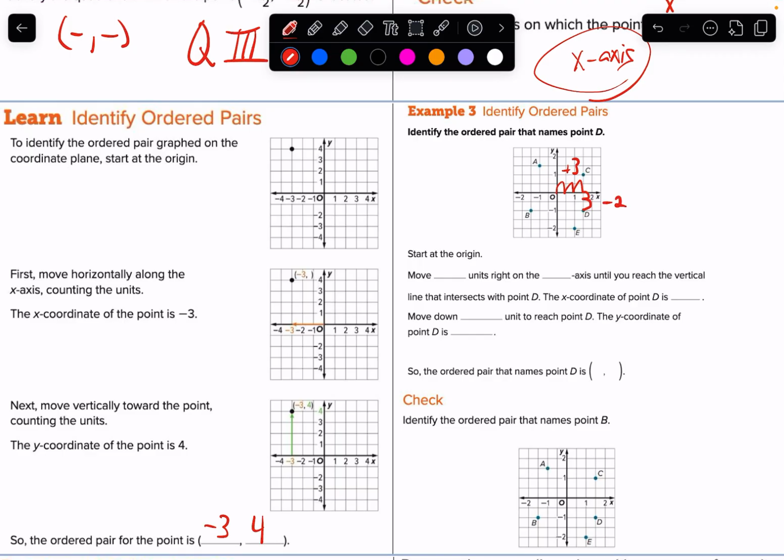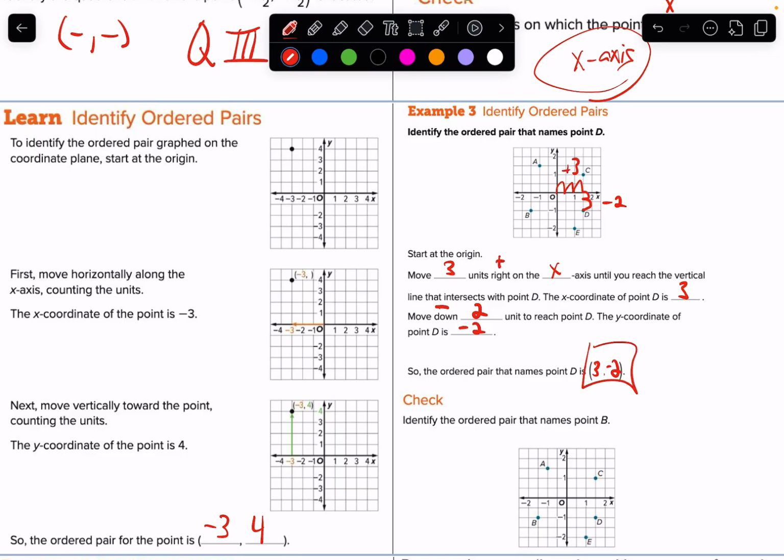And then 2 down. So move 3 units right, which is positive, on the x-axis until you reach the vertical line that intersects the point D. The x-coordinate of point D is 3. So I can put that in. Move down negative 2 units to reach point D. The y-coordinate of the point D is -2, so it'll be -2.